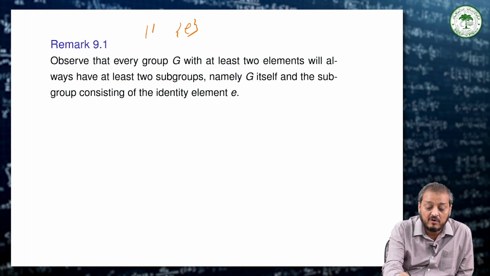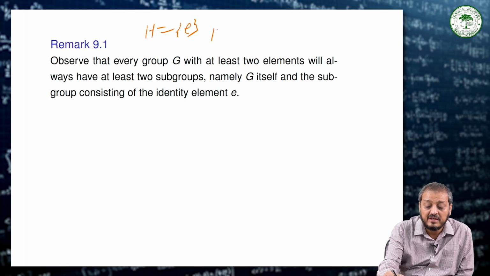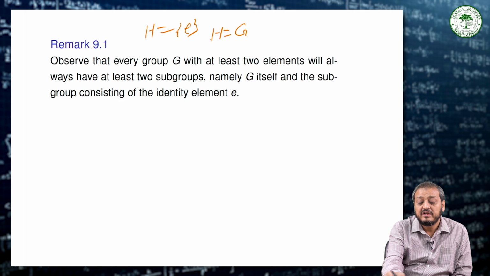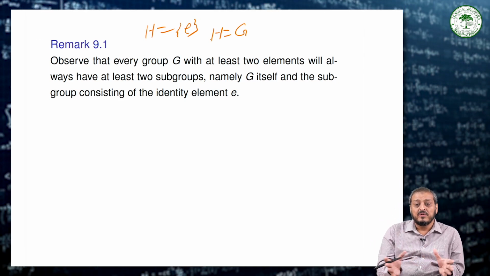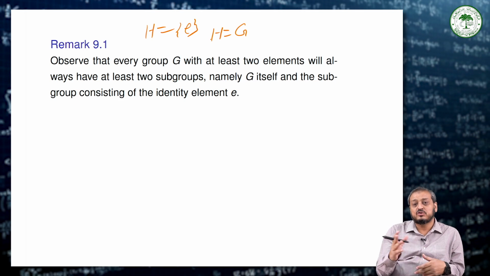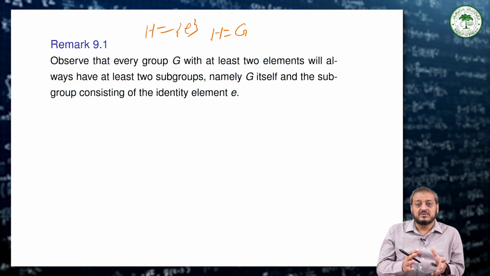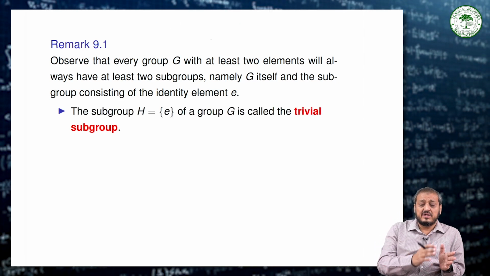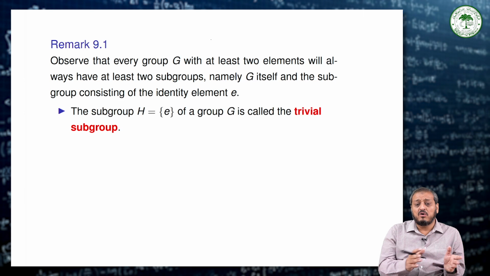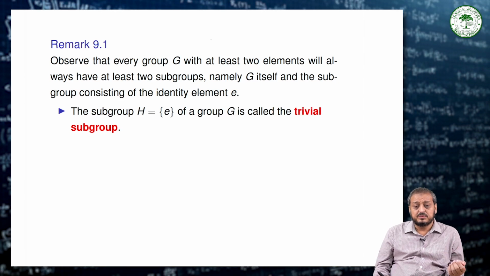So H is only the identity element, or H is equal to G itself. These are the 2 trivial subgroups for every group that has at least 2 elements. H = {e} of a group G is called the trivial subgroup.